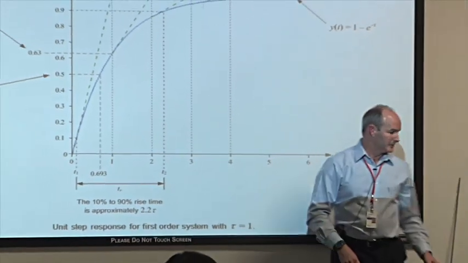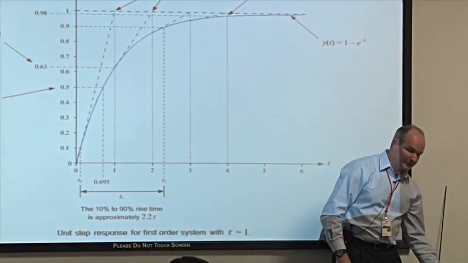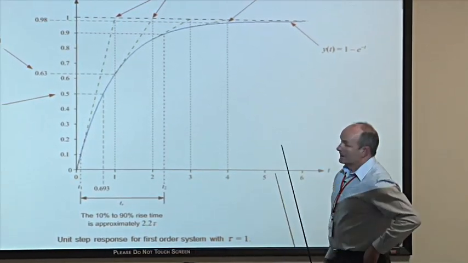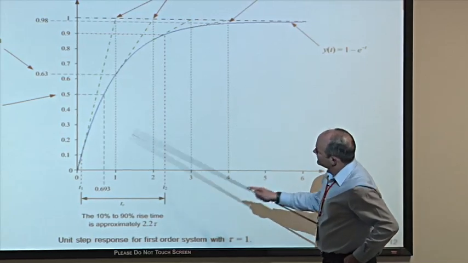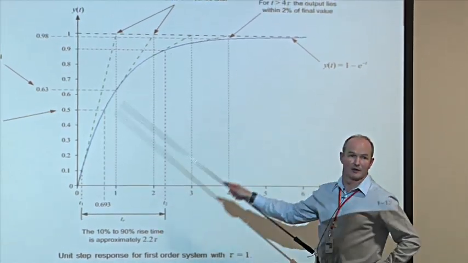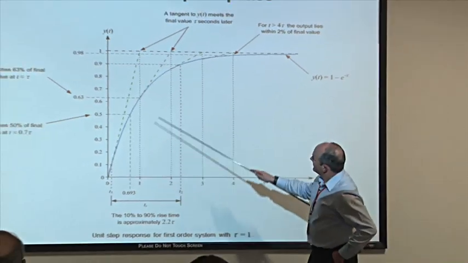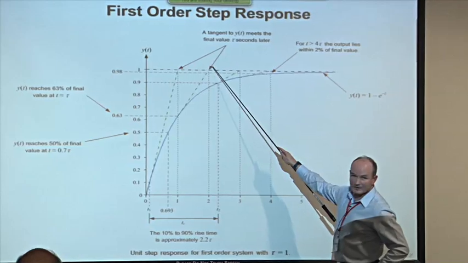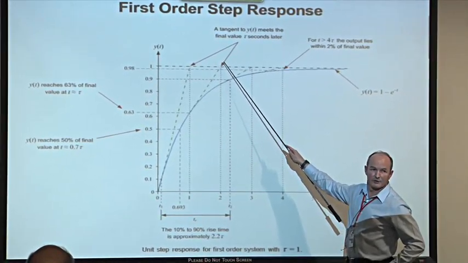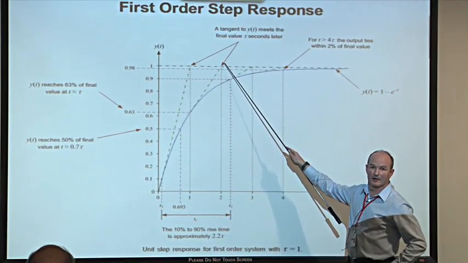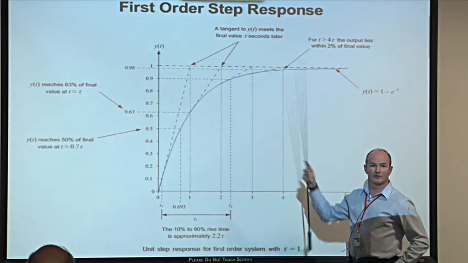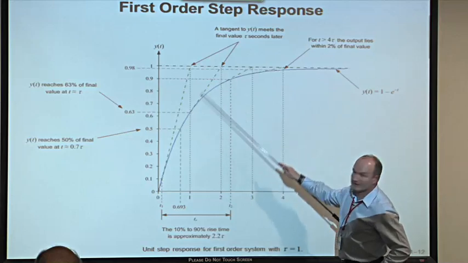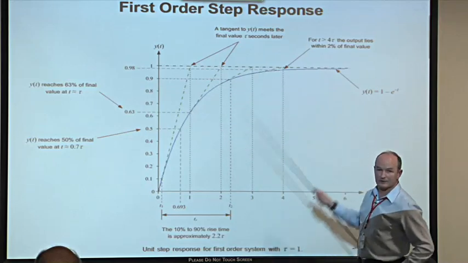Now these things are reasonably well known, but there's another property which I think is even more useful and is even less well known, and it's this. If you take a tangent to this curve at any point you like, doesn't matter where it is, and you project that tangent forward in time 1 time constant, you'll find it always crosses the final value line there. That property applies wherever you take the tangent. I've taken it at 0, 1 time constant, see it's that green line, 2 time constants, and so on.